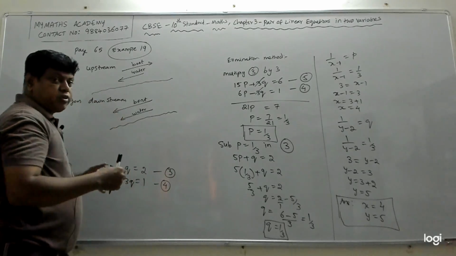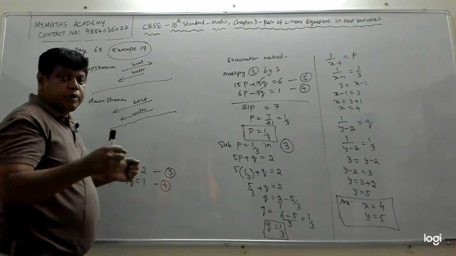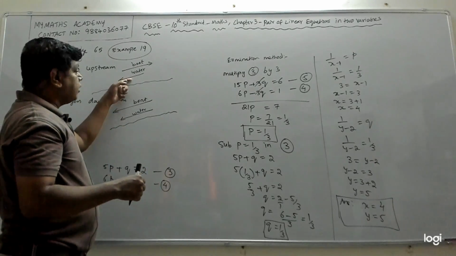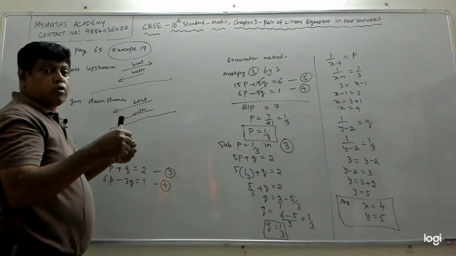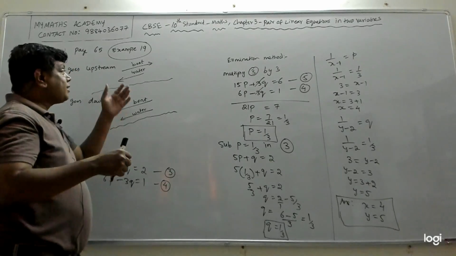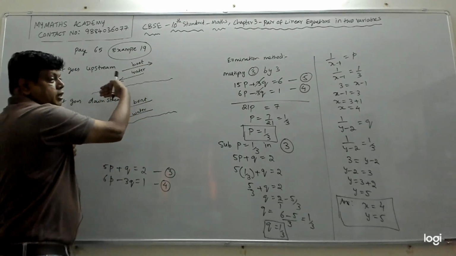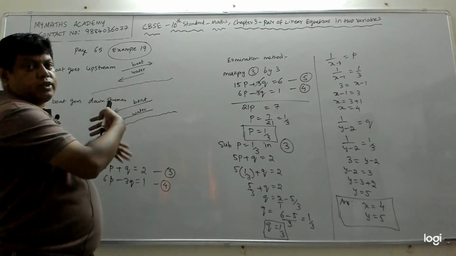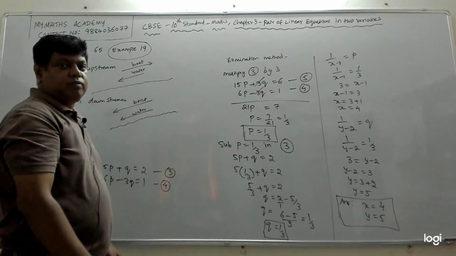But when you go downstream, though you row a boat at some speed, it will go faster than the speed at which you row the boat. Upstream, the boat will go slower than the speed at which you are rowing, because there is another speed or force flowing in the opposite direction of your boat.